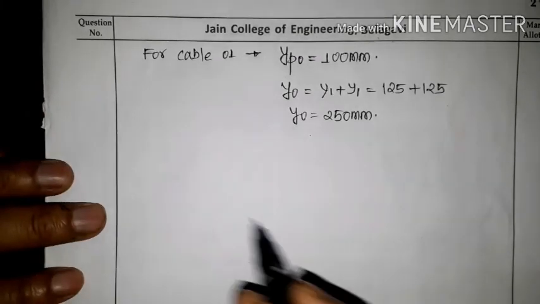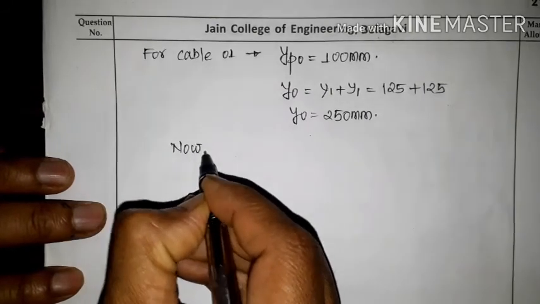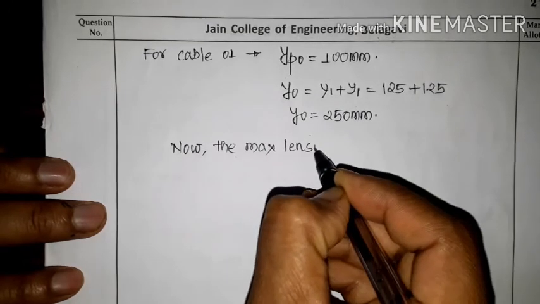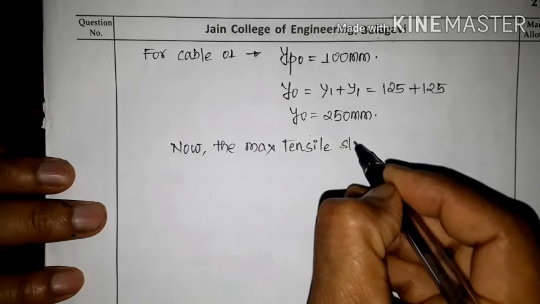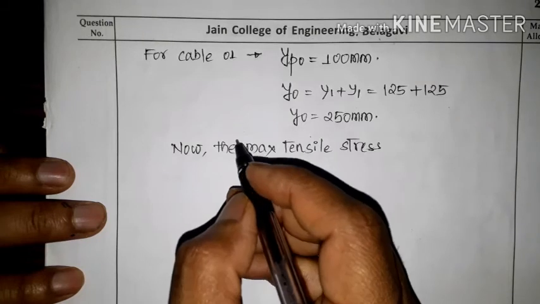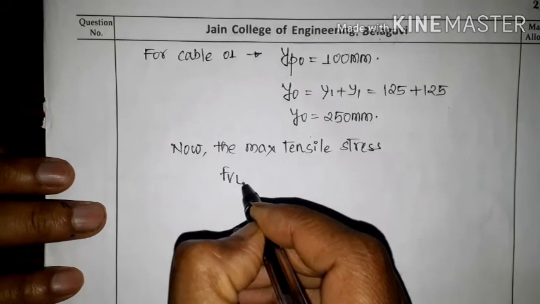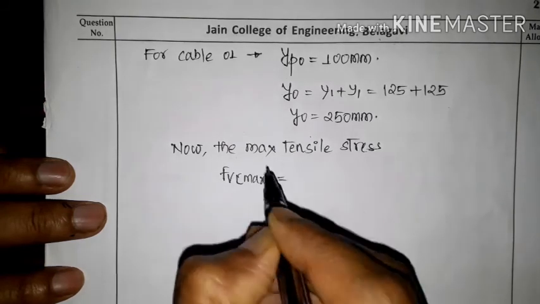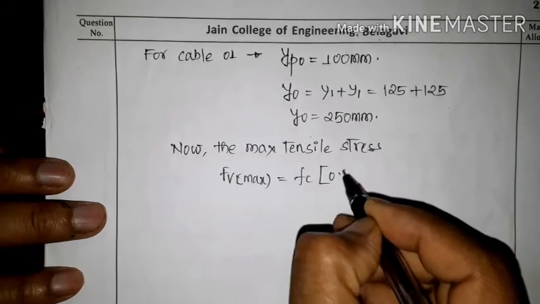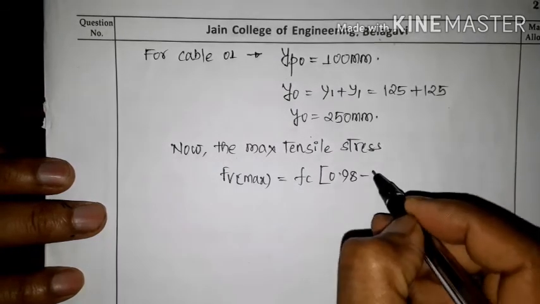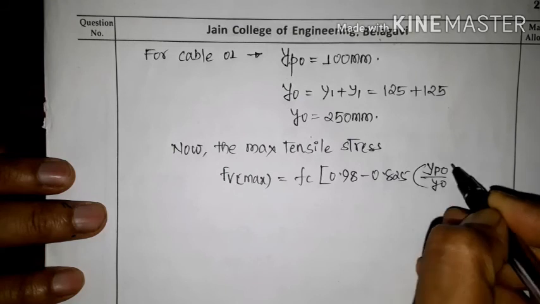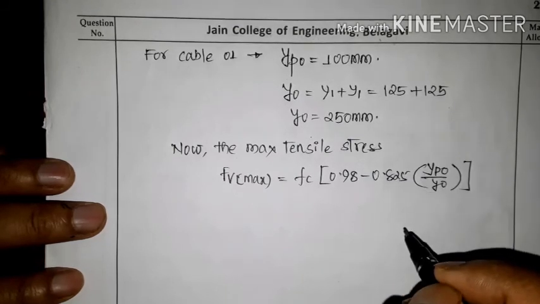Now the maximum tensile stress is given by Fv max is equal to Fc into bracket of 0.98 minus 0.825 Yp naught upon Y naught, bracket complete.